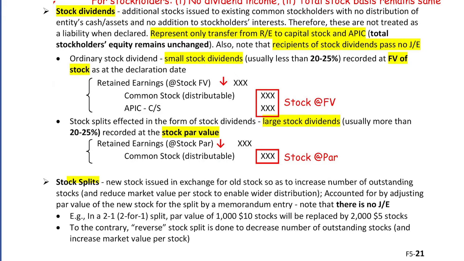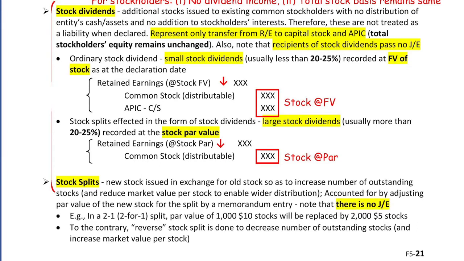Next one, stock splits. In this case, the old stock is exchanged for new stock. It's accounted for by adjusting the par value of the new shares for the split by a memorandum entry. And note that there is no journal entry.